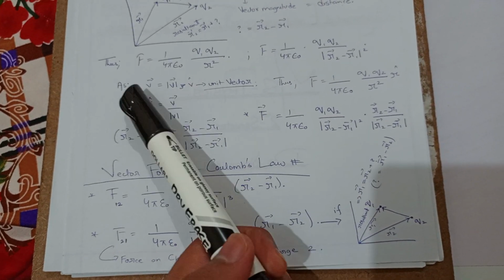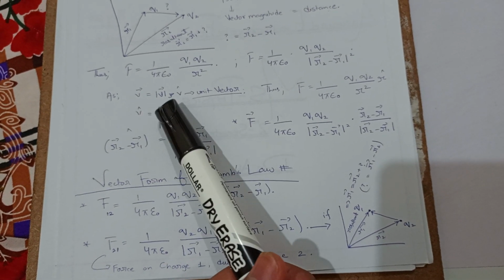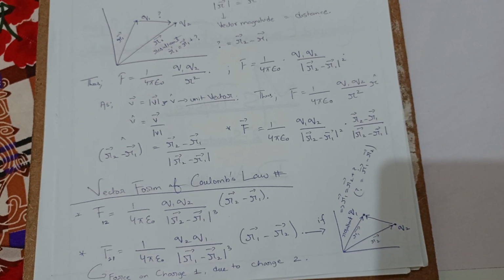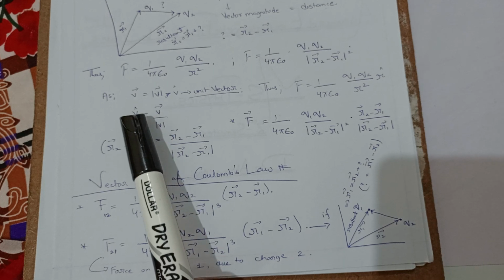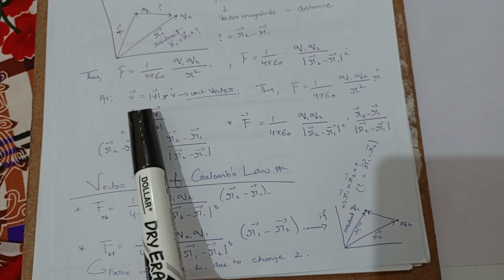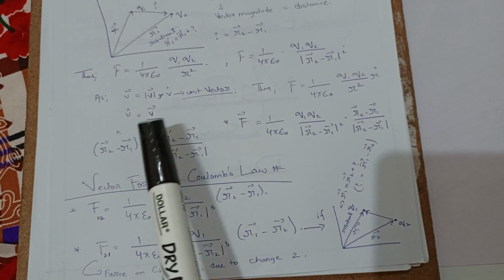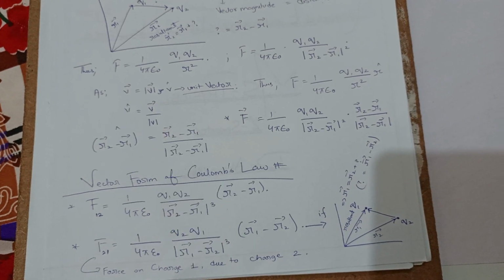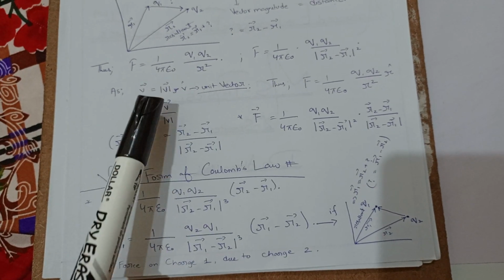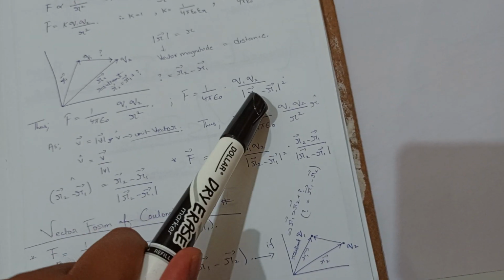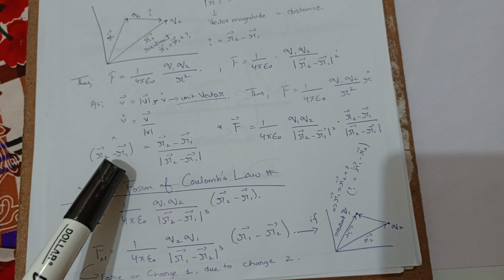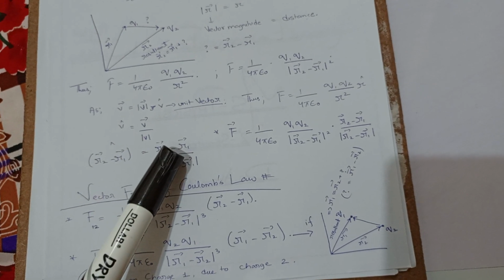The next thing is, you know that a vector is equal to the magnitude of that vector multiplied by its unit vector. So if you want to find the unit vector, v cap, let's suppose only v is my unit vector. Your unit vector must be equal to the vector divided by its magnitude.